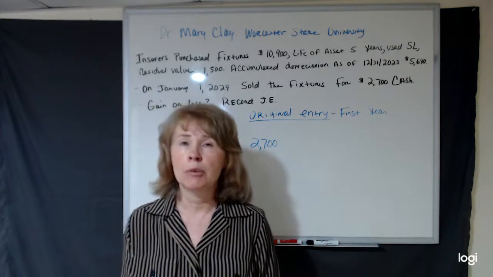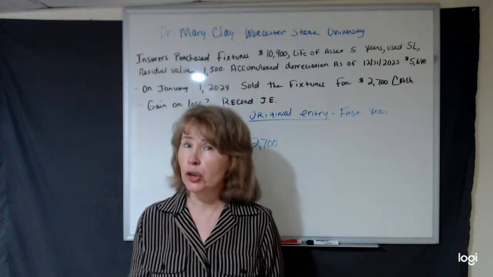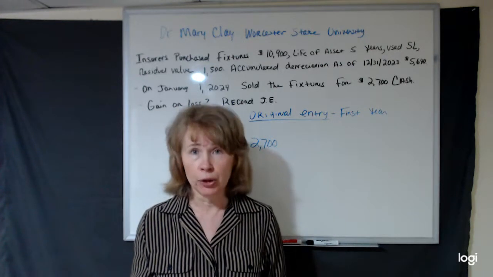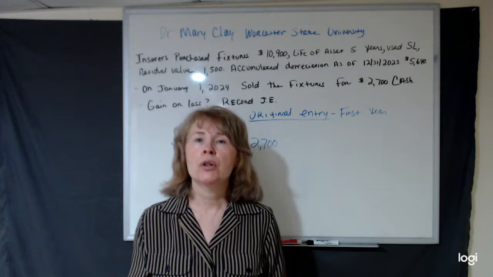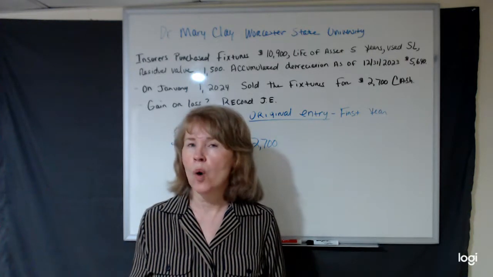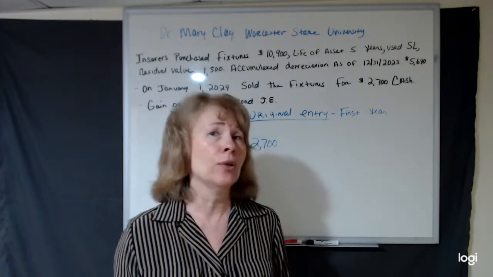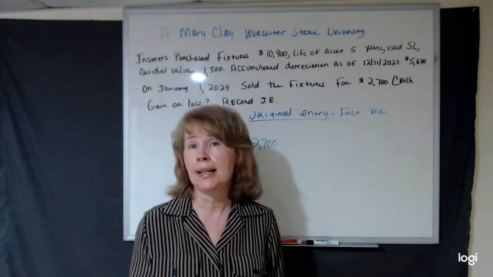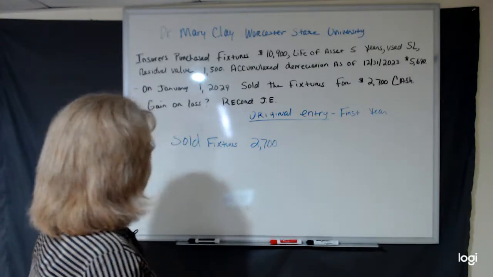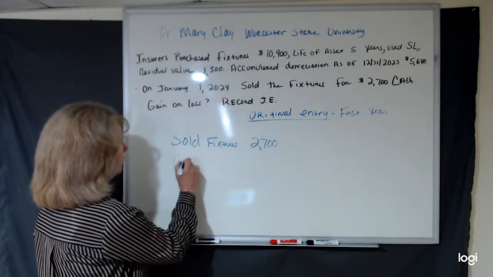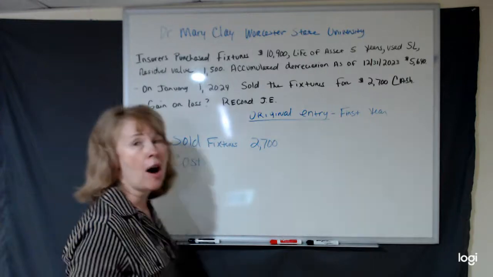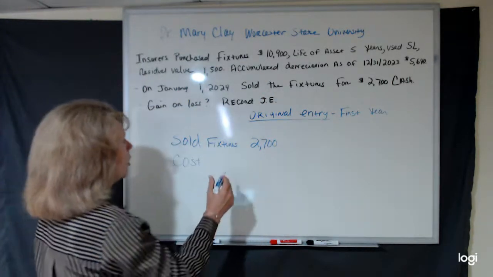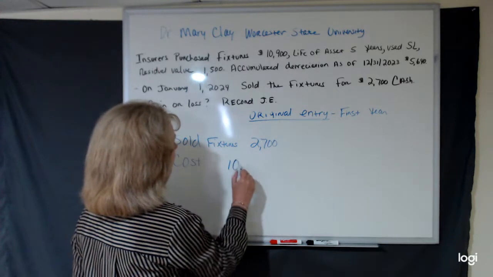Next, I've already shown you this in prior videos, you will derive the book value up to 2023. Why? Because they sold the asset in 2024. So you have to figure the book value for 3 years. You start with the cost of the asset. Remember, book value is cost minus accumulated depreciation. The cost of the asset is $10,900.